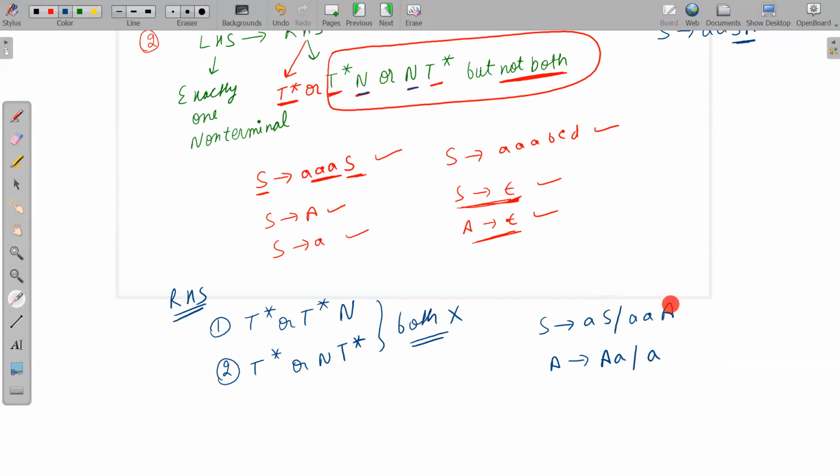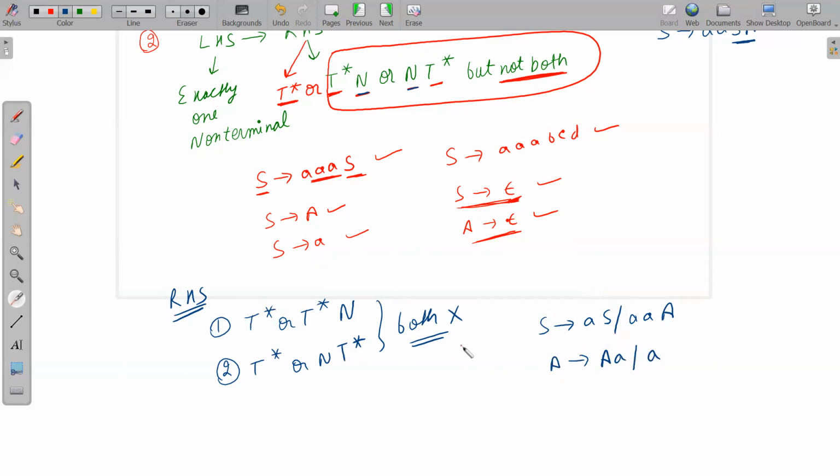Here also in the extreme right, so no problem. For A, forget about this thing. See here, A, that means LHS exactly one non-terminal, RHS exactly one non-terminal, and that too in the extreme left. And here we have no non-terminal, that is also allowed because of T star.